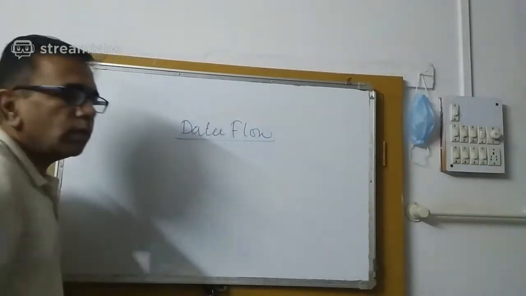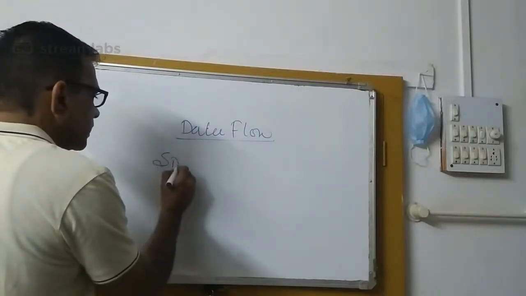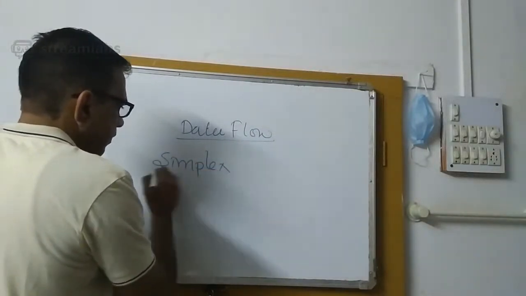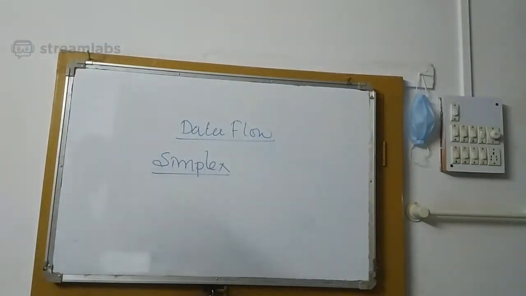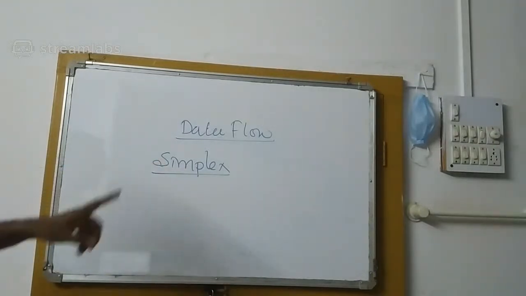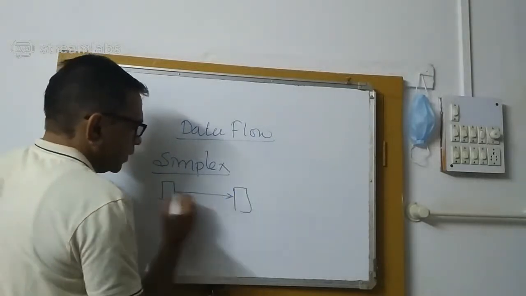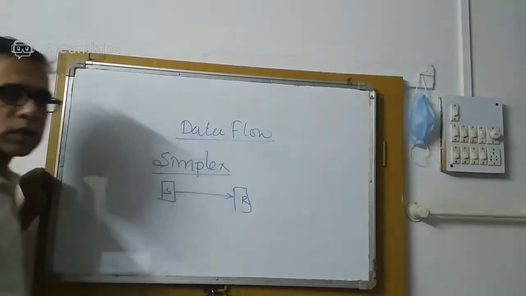I talk regarding three basic data flow techniques. First one is simplex. What exactly does simplex mean? In this type of communication, there will be only one designated sender and the other one will be the receiver. That means the flow of data is only in one direction, from sender to receiver.